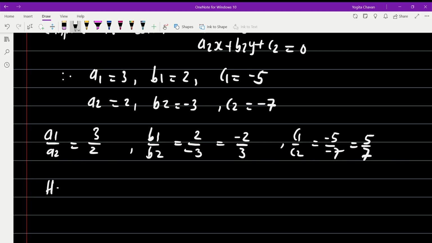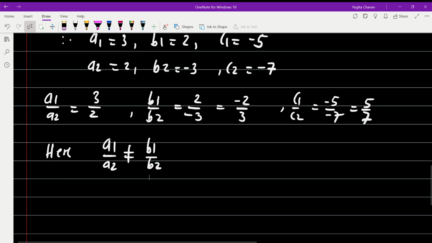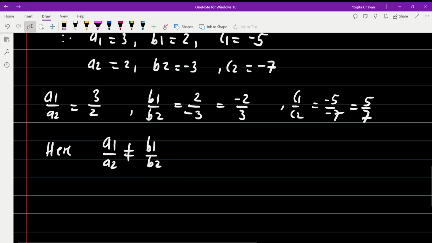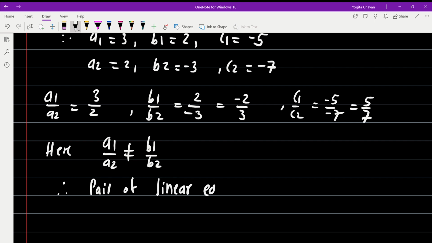So here a1 upon a2 is not equal to b1 upon b2. Okay, तो पहले ये दो रेशियो भी डिफरेंट आ रहे, therefore pair of linear equations are consistent.